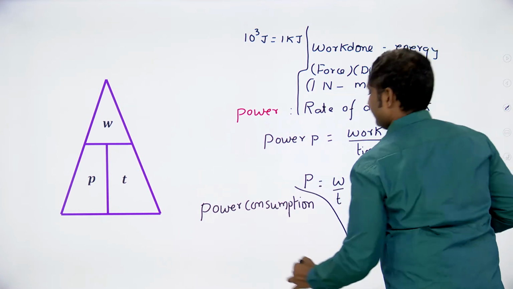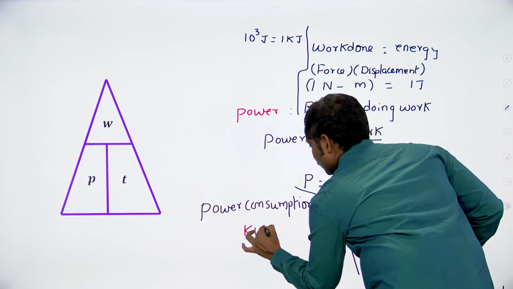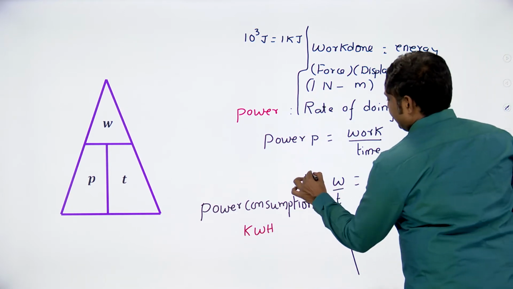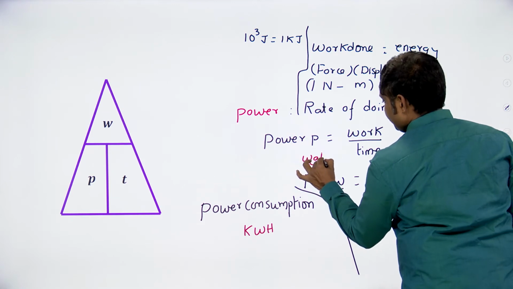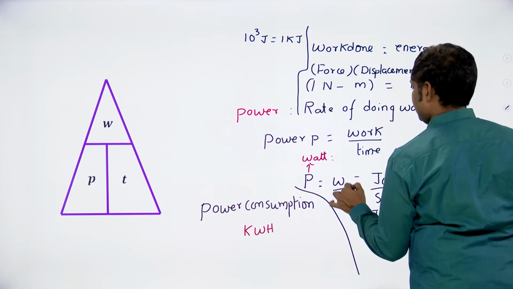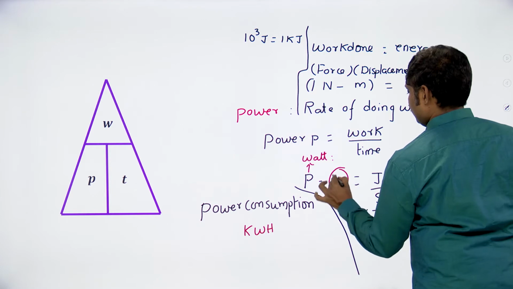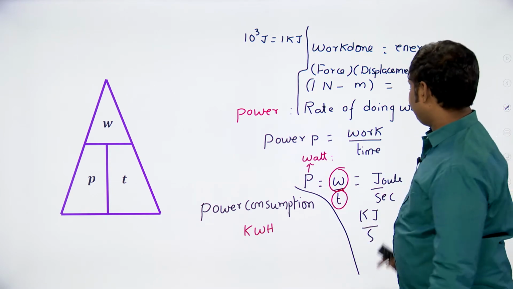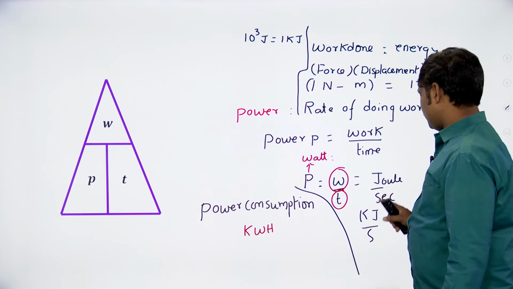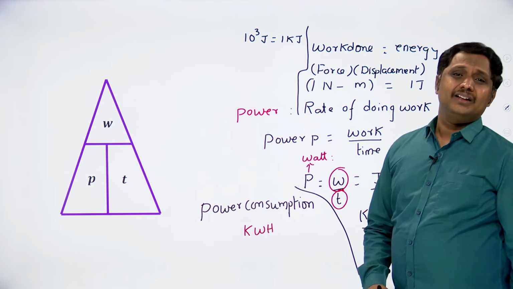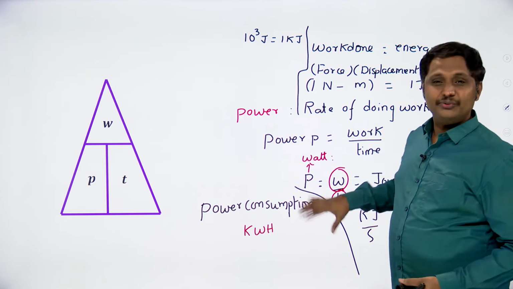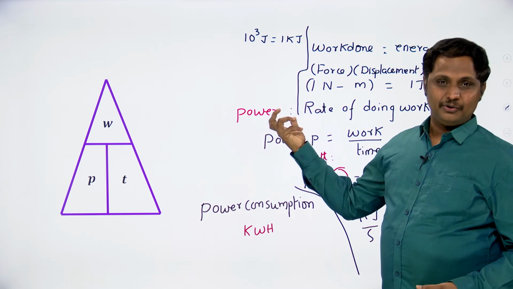You can take watt, and work done in joules or kilojoules. Then we will measure the power consumption under all these things with the help of these multiples and submultiples.